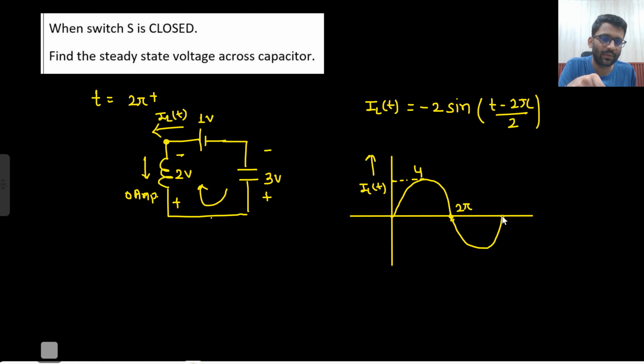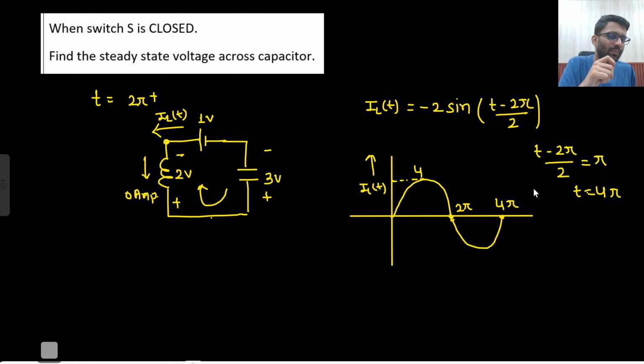So when it will go to 0 again, when this particular value (t minus 2 pi) by 2 is equals to pi. That means t is equals to 4 pi. So here at 4 pi, this will go to 0 again.